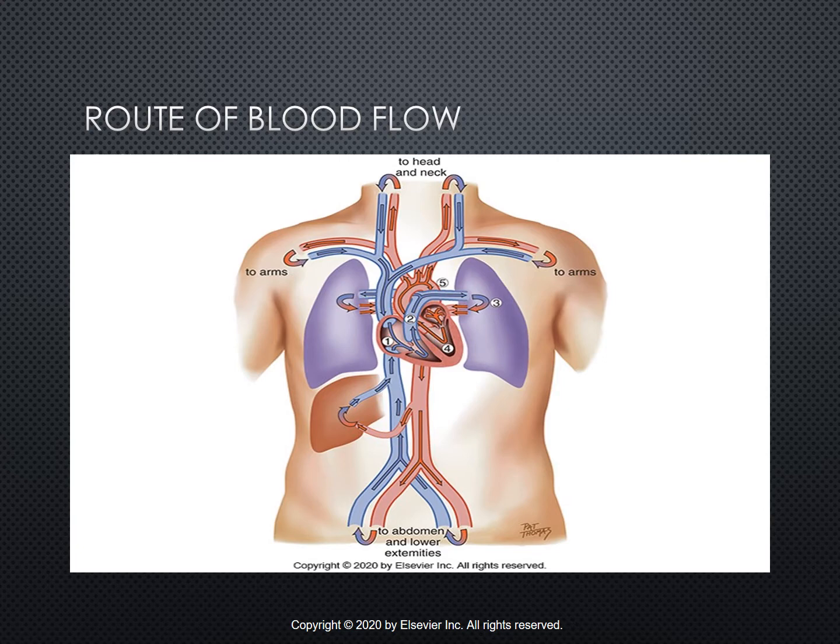Then it will come back through the pulmonary vein into the left atrium, go through the mitral valve into the left ventricle, and then the ventricle will contract and push it through the aortic valve, and then it will go through the body. And it's an ongoing cycle, okay? Deoxygenated comes in, oxygenated blood goes out, okay?